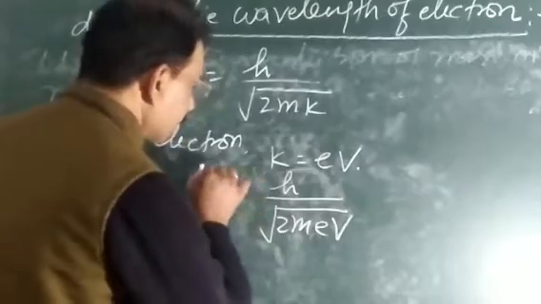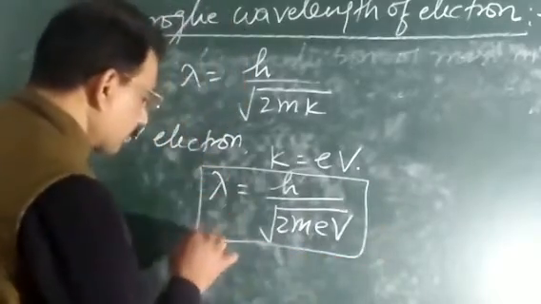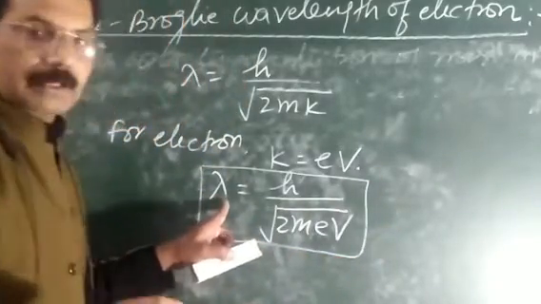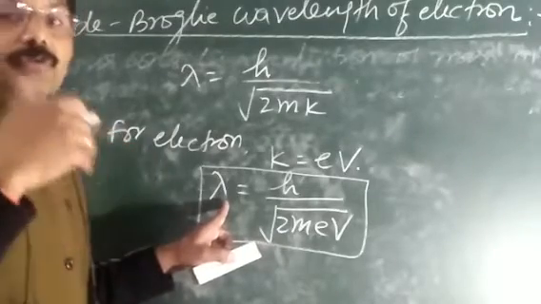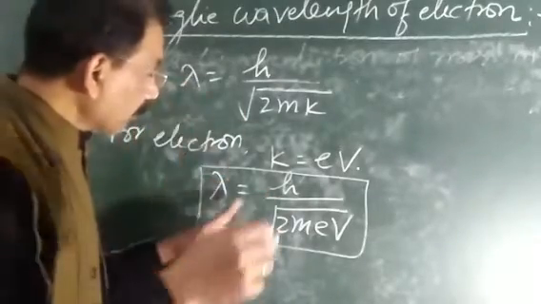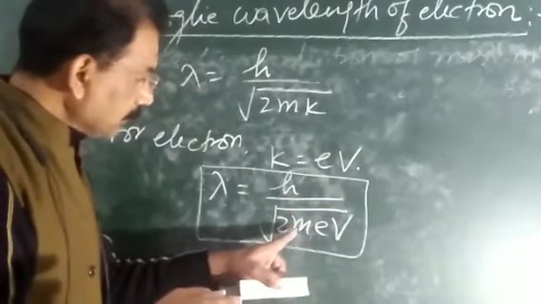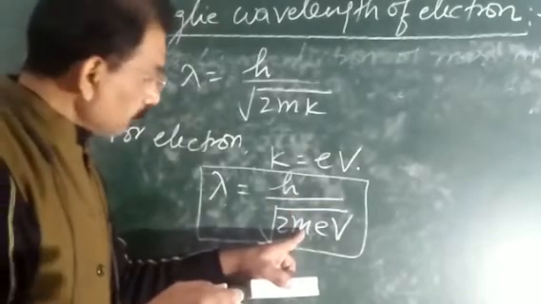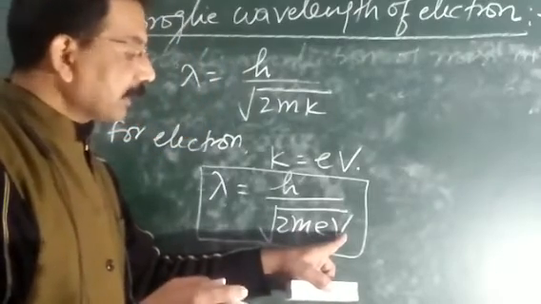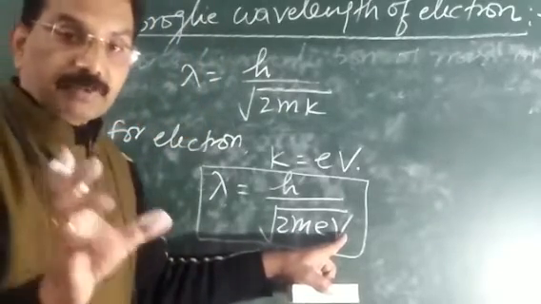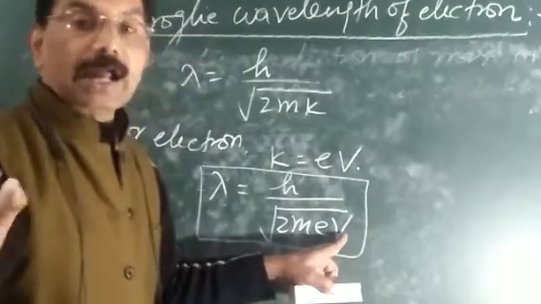2meV, and by using this formula we can find the de-Broglie wavelength associated with the motion of a moving electron. As you know, h is the Planck constant, m here is the mass of the electron, and V is the potential difference with which that electron is accelerated.